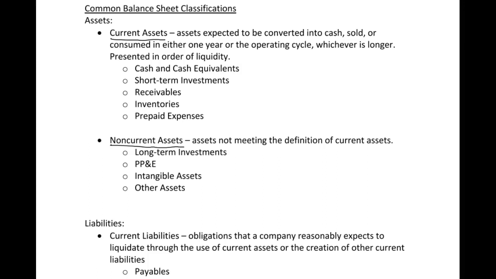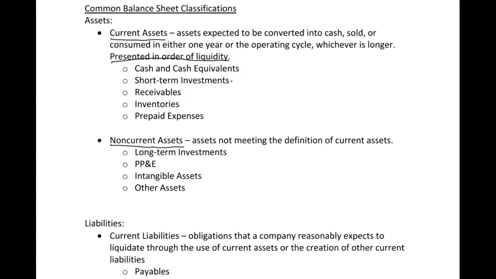And these are always going to be presented on the balance sheet in the order of liquidity, meaning how quickly they're converted into cash. So obviously cash will be first because it's your most liquid asset. With cash and cash equivalents, you must disclose any restrictions. Like if there's cash set aside for a certain purpose, then that needs to be disclosed in the financial statements.